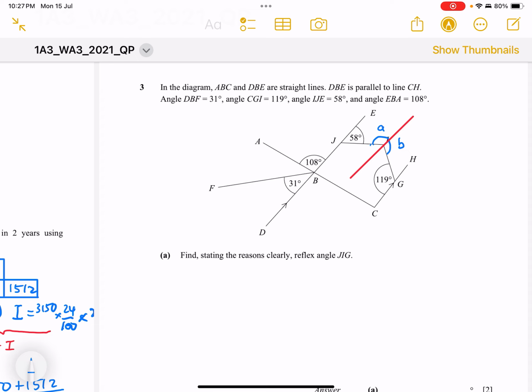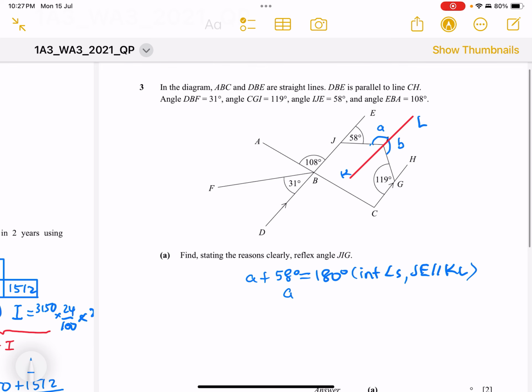calling this A and B. So A plus 58 degrees is 180 degrees. And this one is interior angles. And the parallel lines is JE parallel to KL. Well, we call this KL.